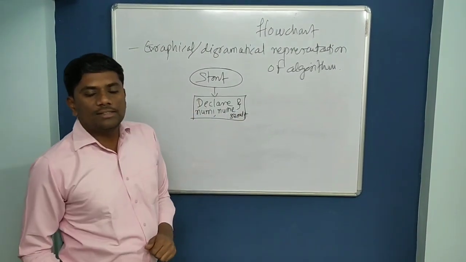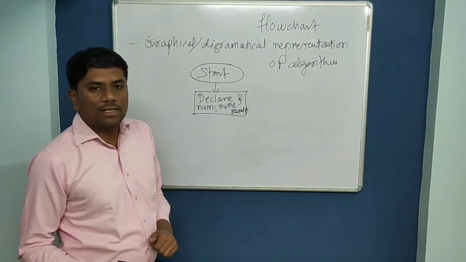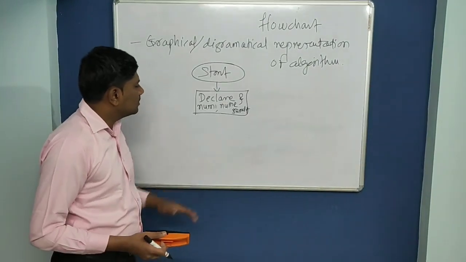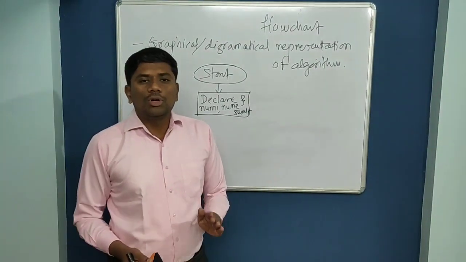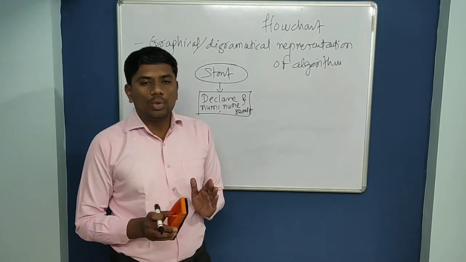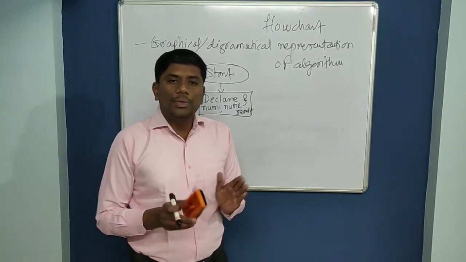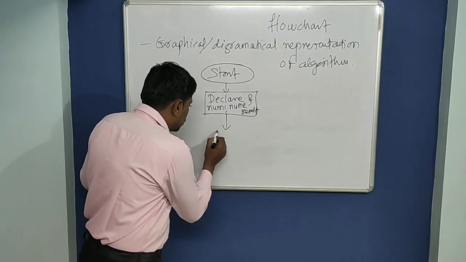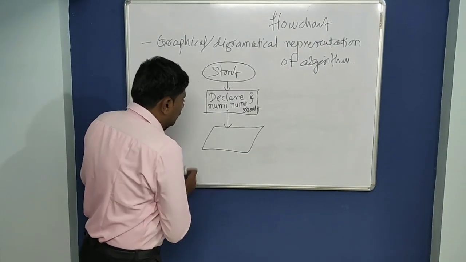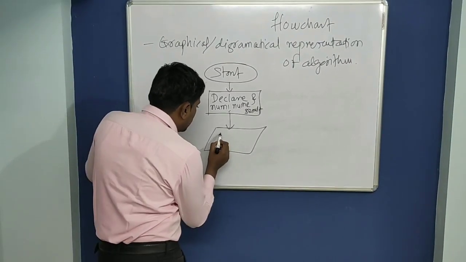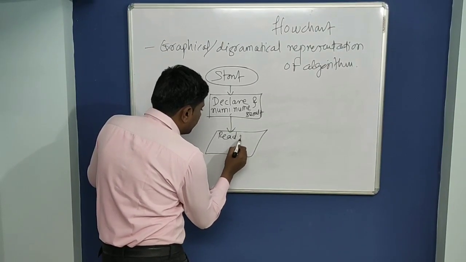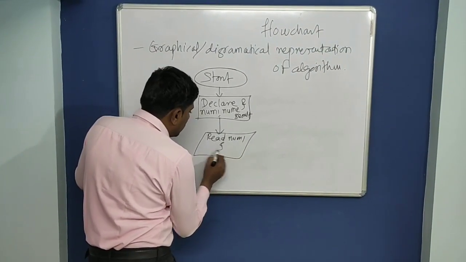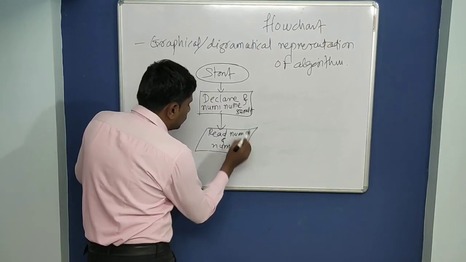What was the next step? Reading number 1 and number 2. Here you are reading input, so you should use a parallelogram. Read number 1 and number 2.